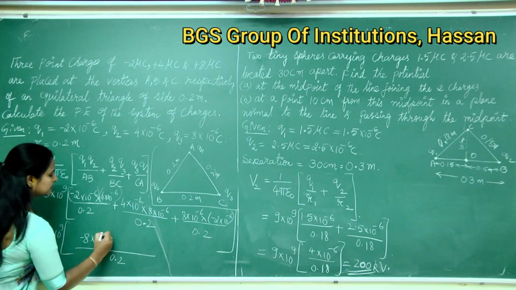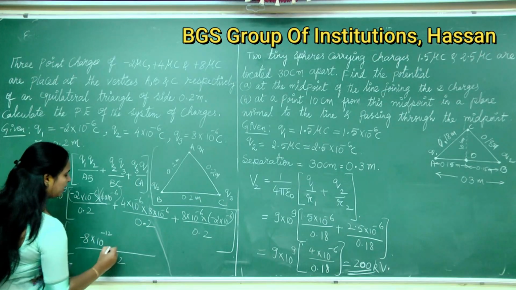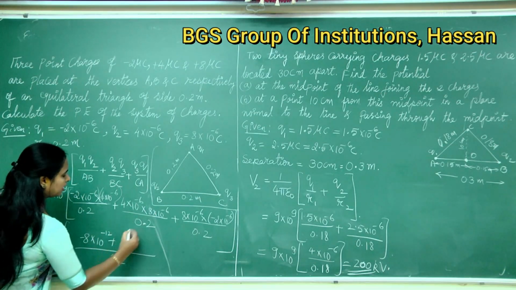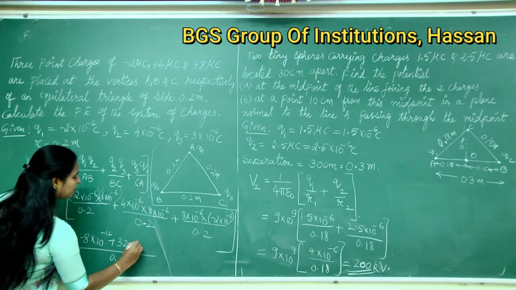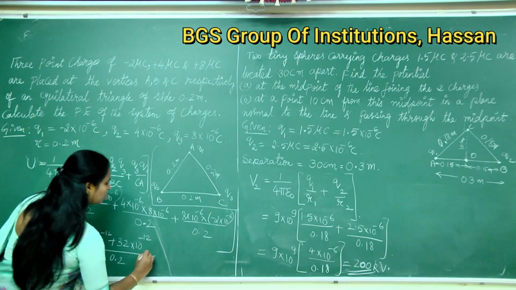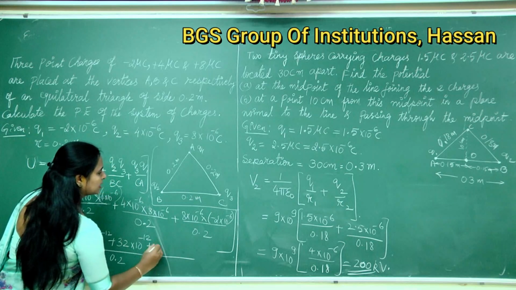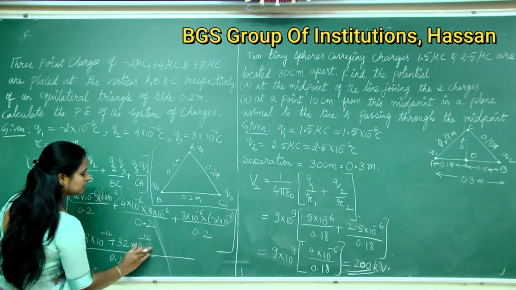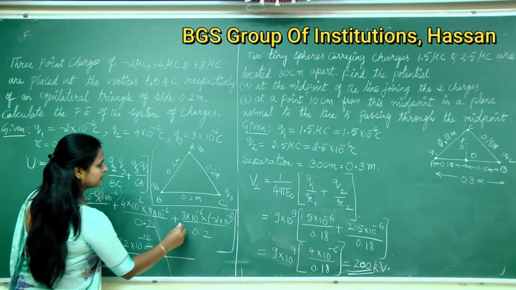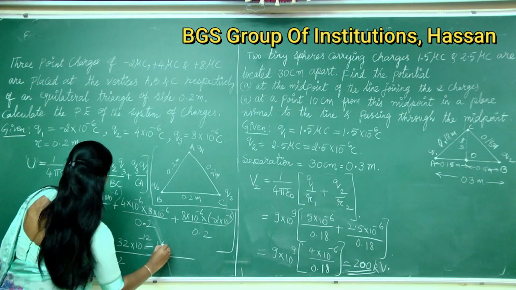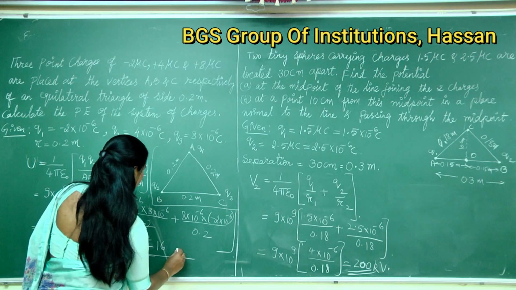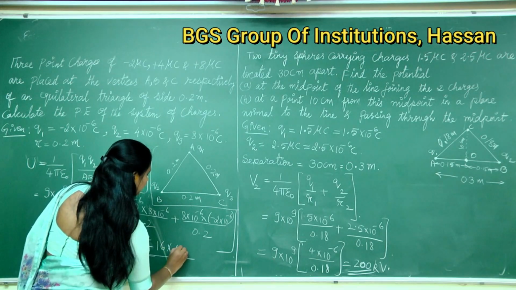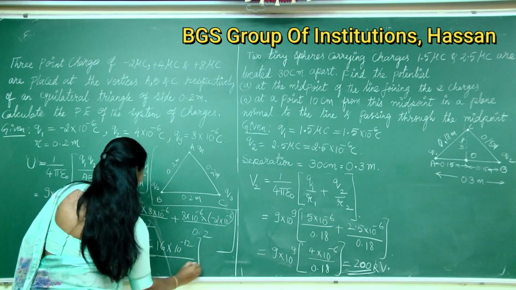Minus 6 is minus 12 plus 32 into 10 power minus 12 plus into minus, it is minus only, minus 16 into 10 power minus 12.